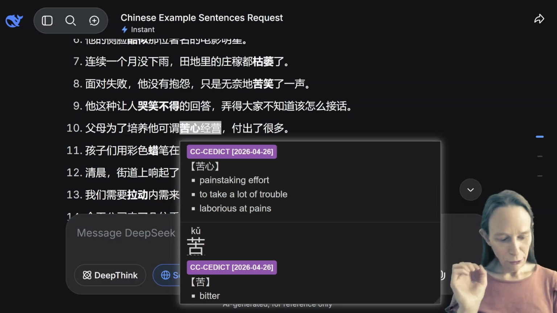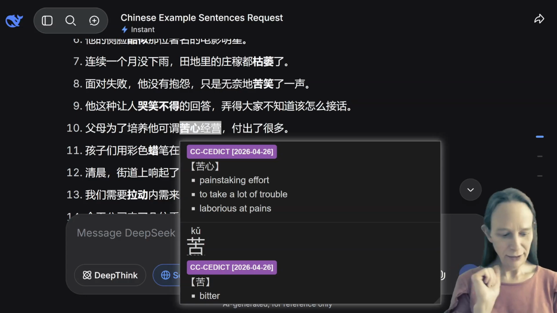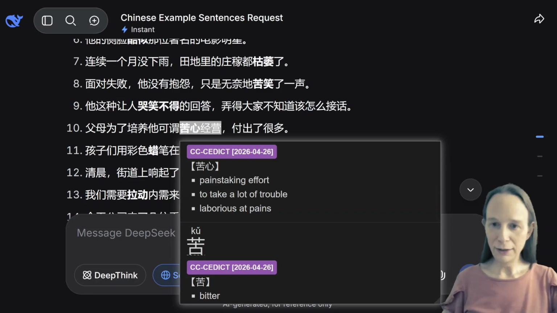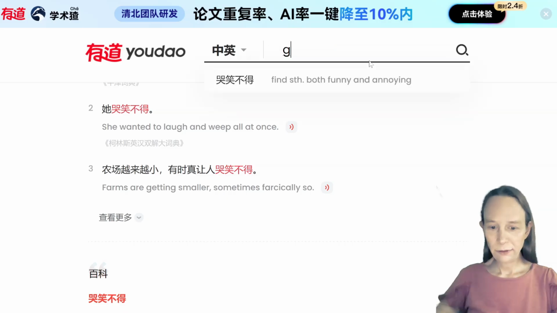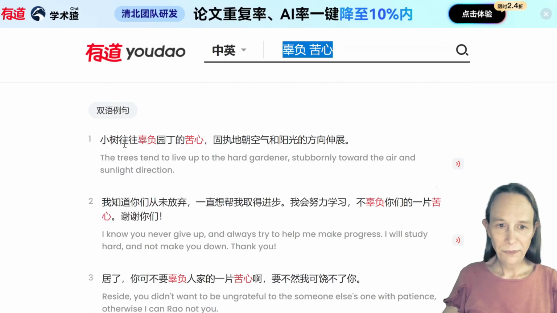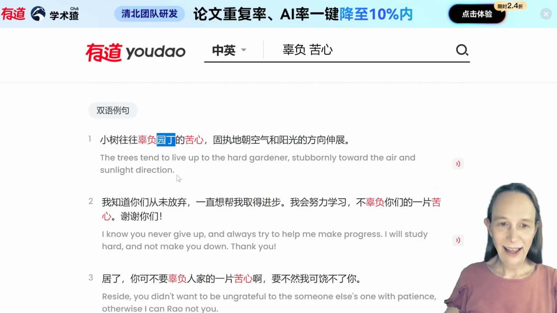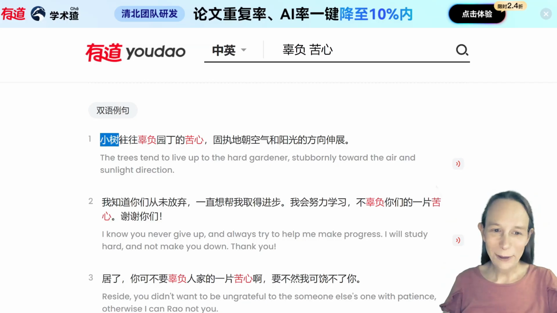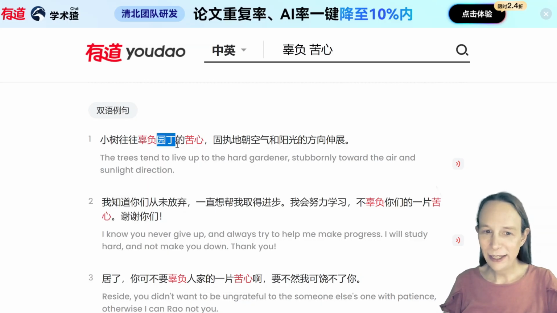别辜负他的苦心，辜负他的苦心. That's interesting. So 辜负他的苦心，辜负。Yeah, 小树往往辜负园丁的苦心. So a little tree, 往往 usually, so little trees or saplings often disappoint. 园丁 is one of the words for gardener.